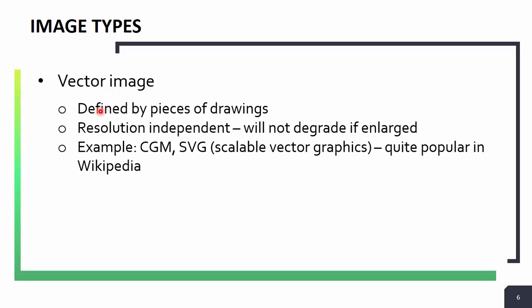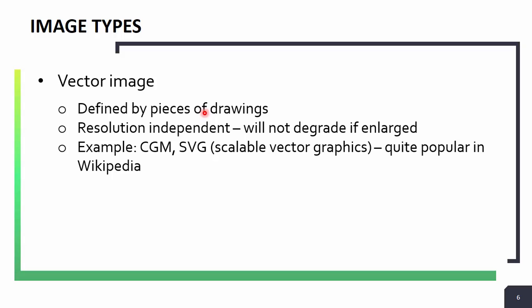Vector image is the piece-by-piece definition of drawing. Let's say you have a drawing that consists of a circle and also rectangle, triangle, and so on.